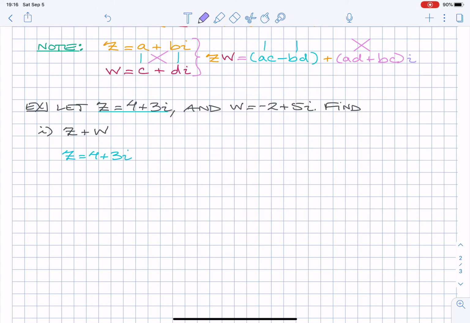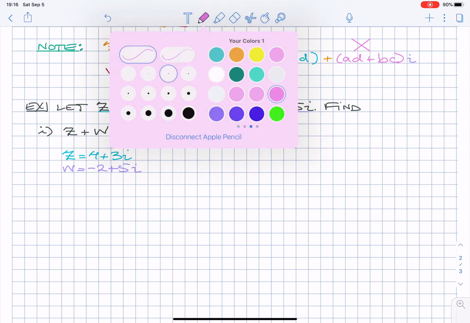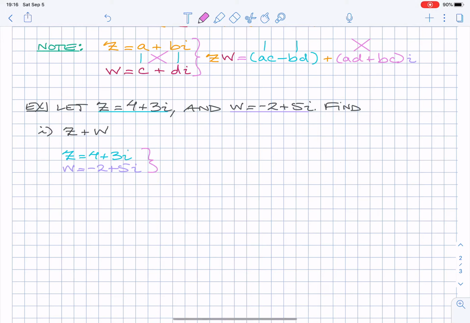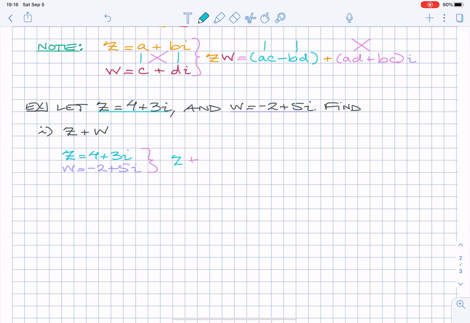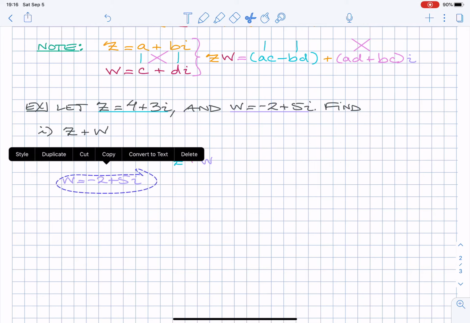And let's call w purple. And w is negative 2 plus 5i. So if we're looking for the sum, z plus w, what are we going to get? Actually, maybe I'll skip a line.